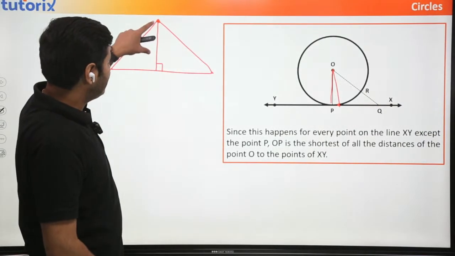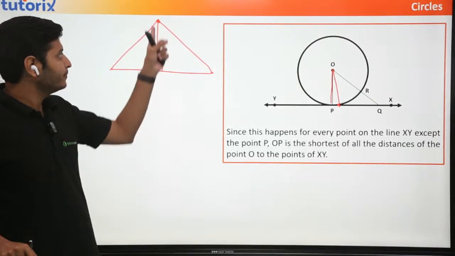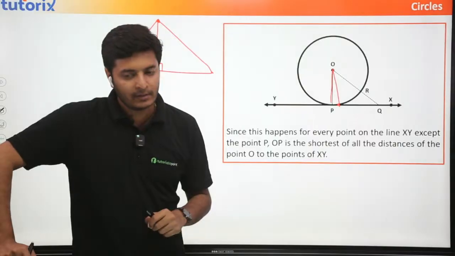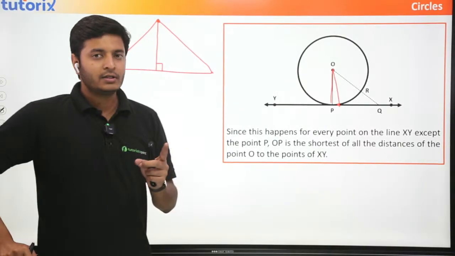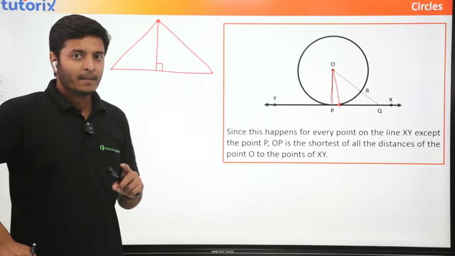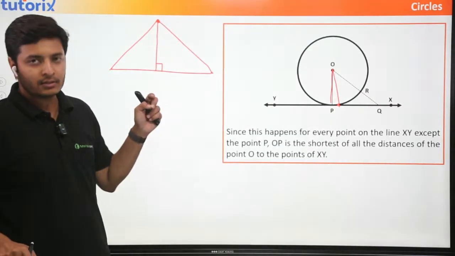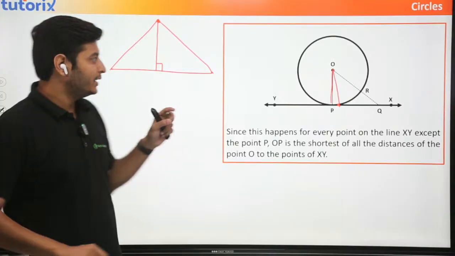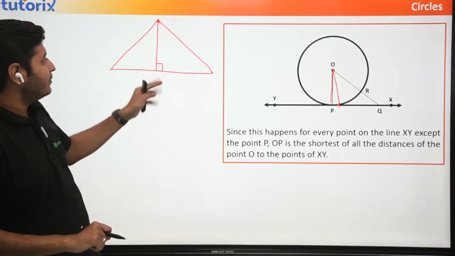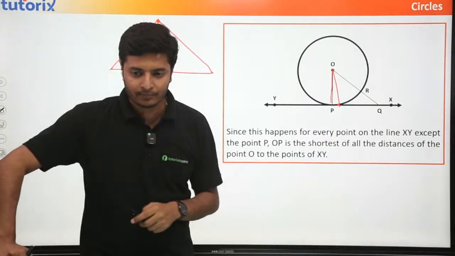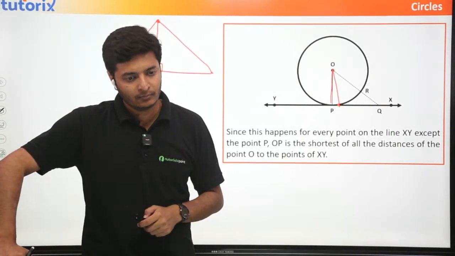The line segment which is falling at a 90-degree angle on this line segment from this point will be the shortest distance. The converse of this is also true, that the shortest distance between a line segment and a point will always be perpendicular, right?